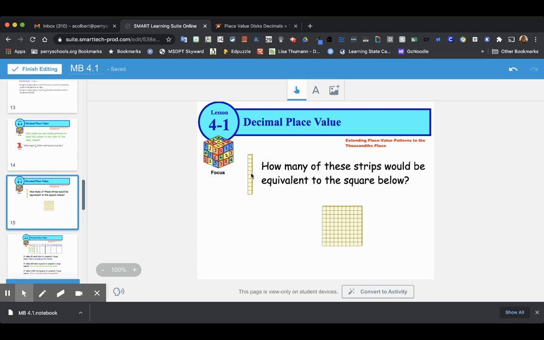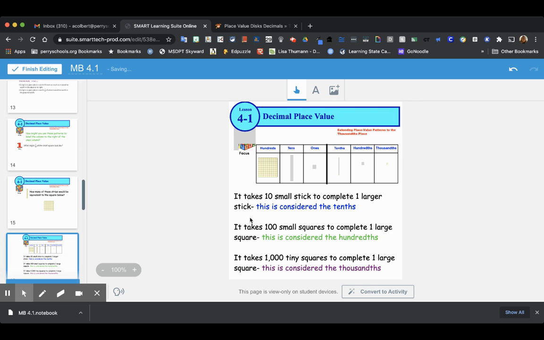We want to think, how many of these would fit into this? It would take 10, right? So this long is 1/10 of the big square. It is 1/10, or you would divide this by 10. That is going to help us in our thinking as we move across to the right in our place value.